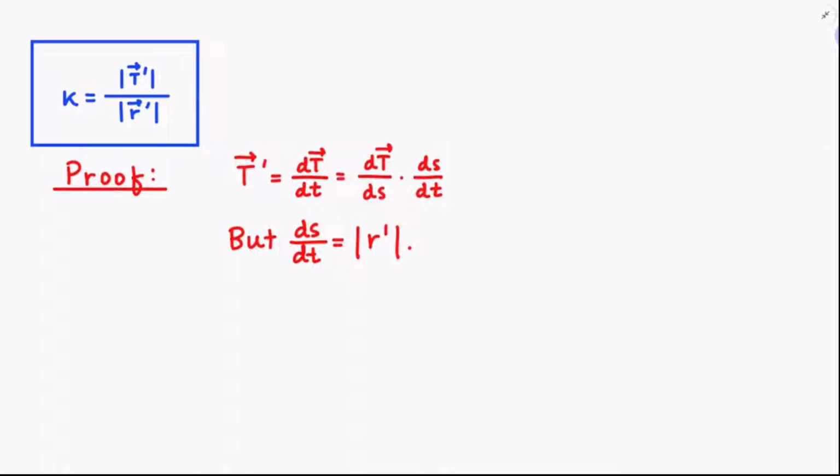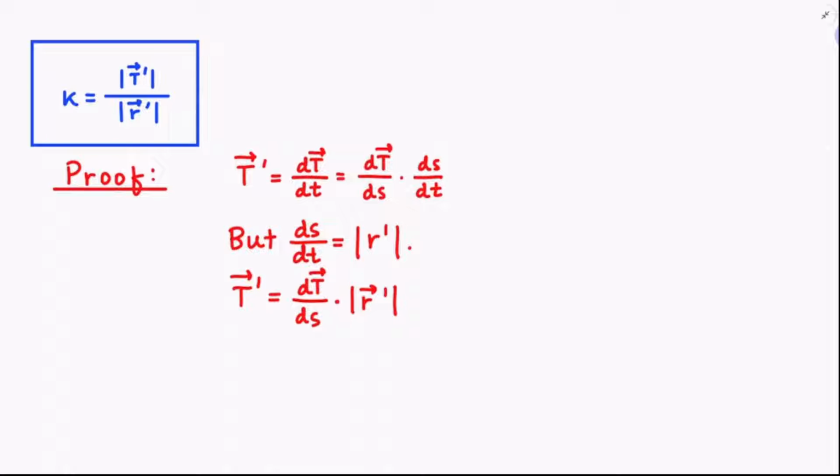But first I'm going to notice that ds/dt is the length of r prime. If you need a little bit more on that, go back and watch the video on reparameterization with respect to arc length, and I bet you can click up at the top and it will take you back there. But now I'm going to do the algebra.